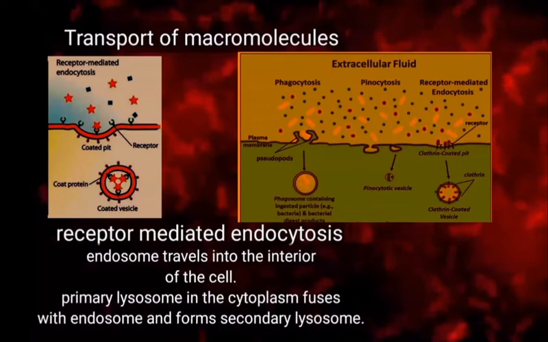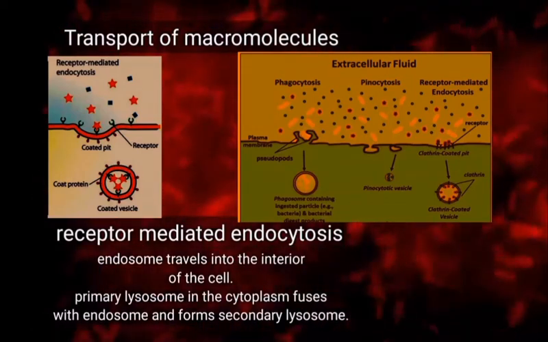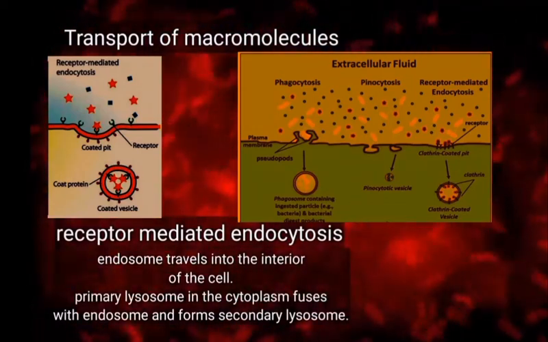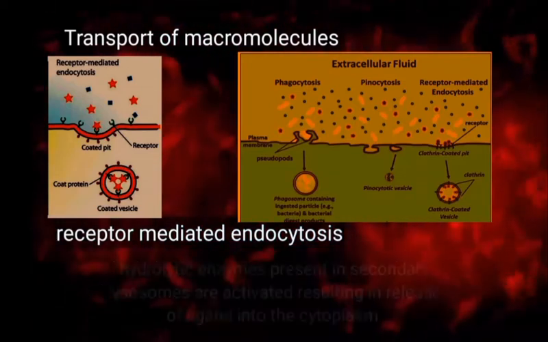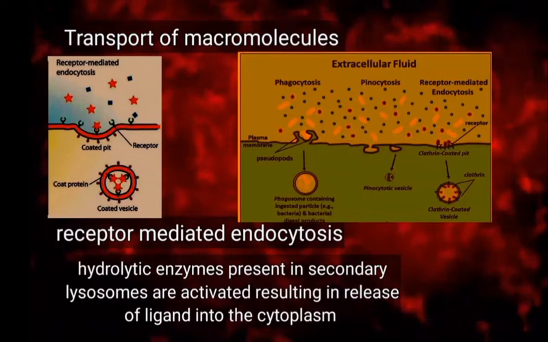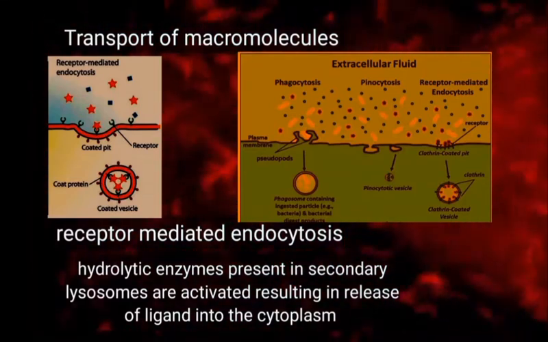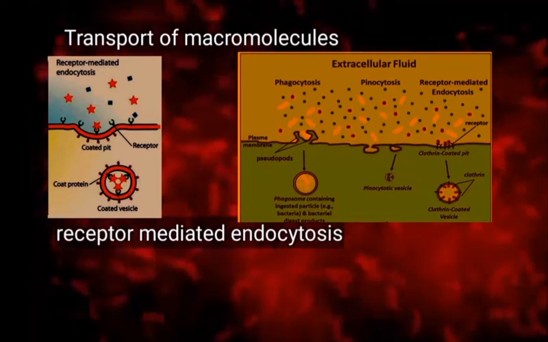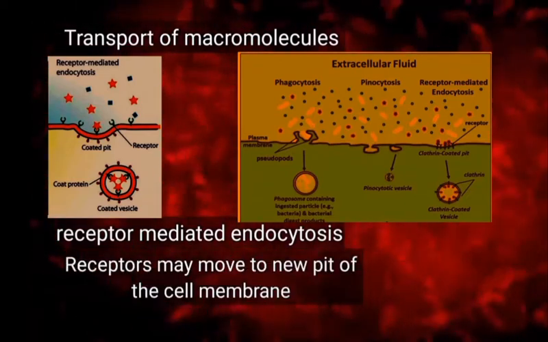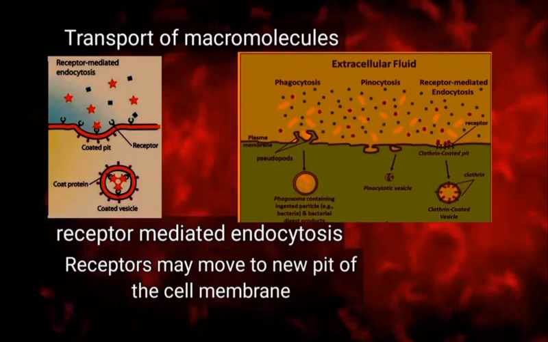Now the endosomes travel into the interior portion of the cell. The primary lysosome, which is present in the cytoplasm, fuses with the endosome and forms a secondary lysosome. The hydrolytic enzymes present in the secondary lysosome are then activated, resulting in release of the ligand into the cytoplasm. After that, the receptor may move to a new pit of the cell membrane and continue the cycle.